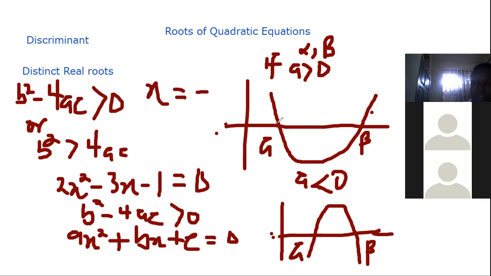If you are plotting this graph, it will look something like this. So a is equal to 2, b is equal to -3, and c is equal to -1.